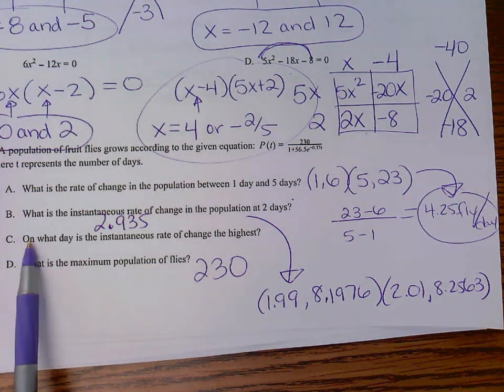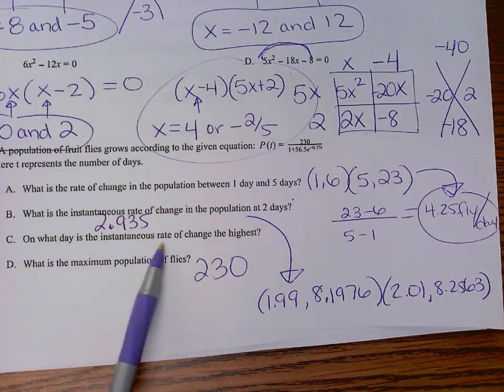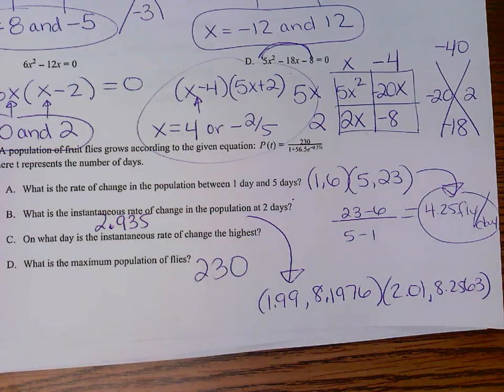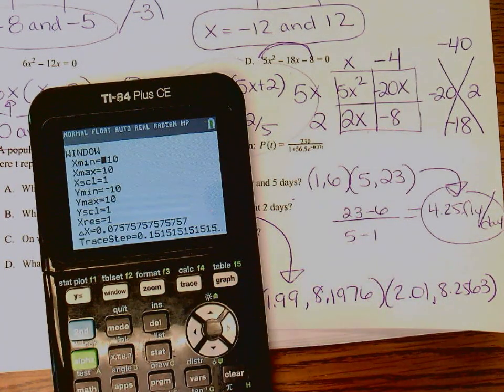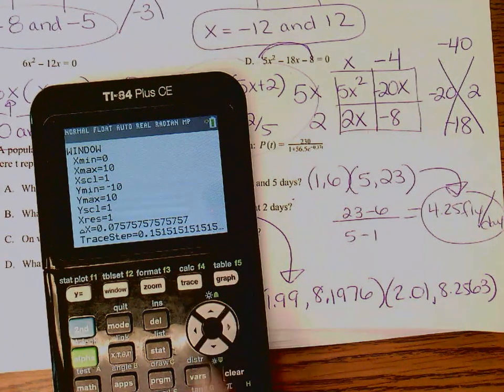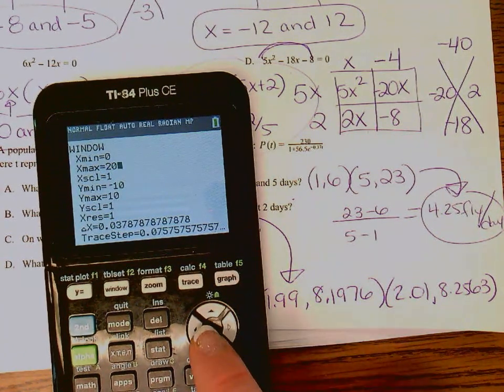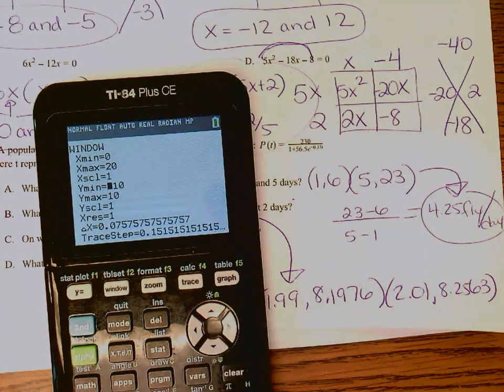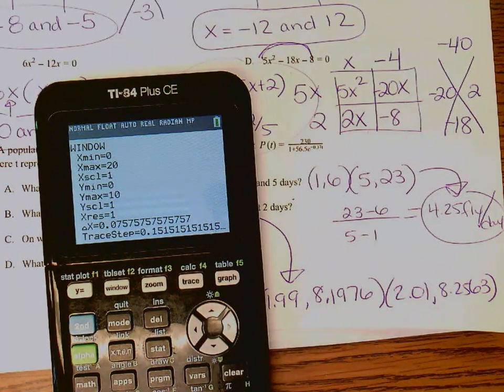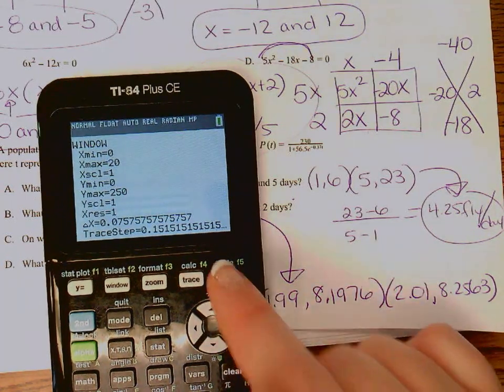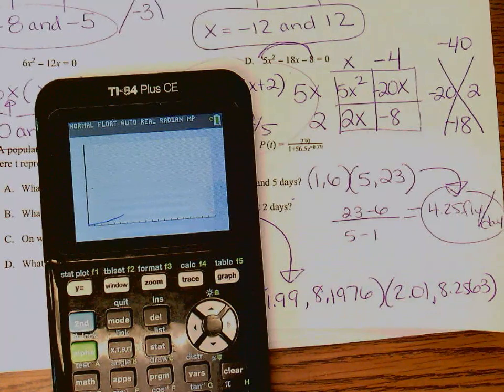And it asks, what day is the instantaneous rate of change the highest? We haven't looked at the graph. I'm going to change my window from day 0 to day maybe 20, and my max to go up to 250. So I just want to show you what this graph looks like. Here's the population growth.